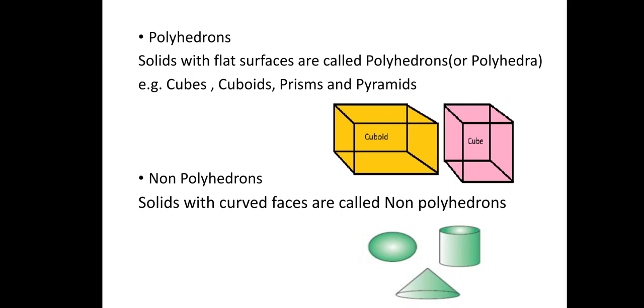Solids with curved faces are called non-polyhedrons. And the examples of non-polyhedrons are spheres, cylinders and cones. Why? Because they are not made up of polygonal regions, or they are having curved faces. They are not having flat surfaces or flat faces.